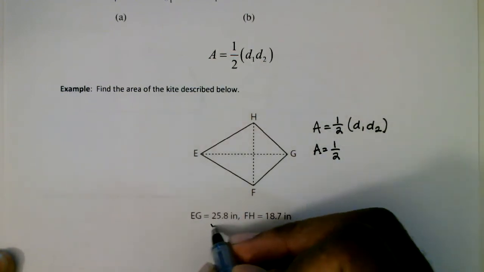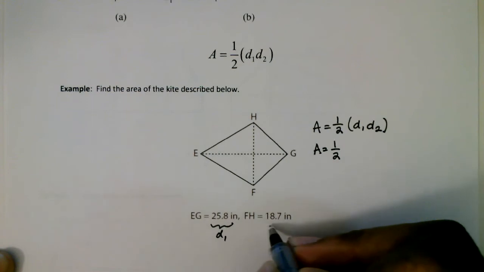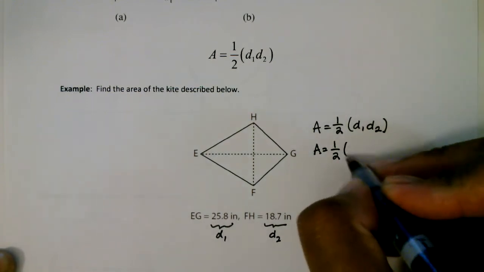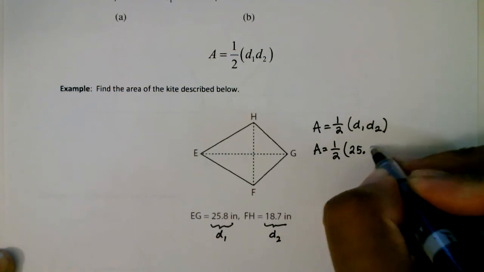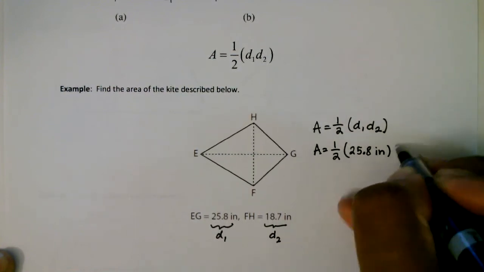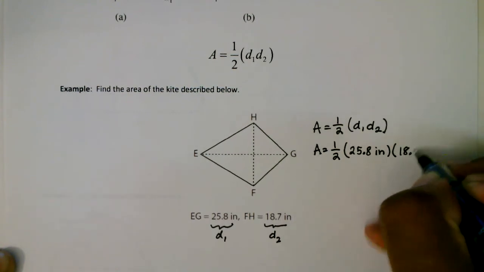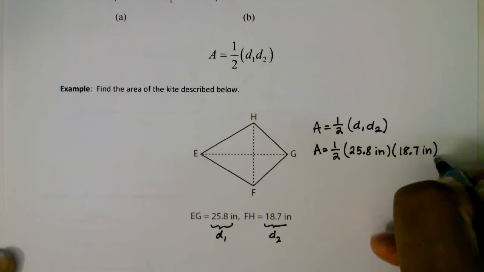I'm going to let this be D1 and this one be D2. So 1/2 of D1, that's going to be 25.8 inches, times D2, which is 18.7 inches.